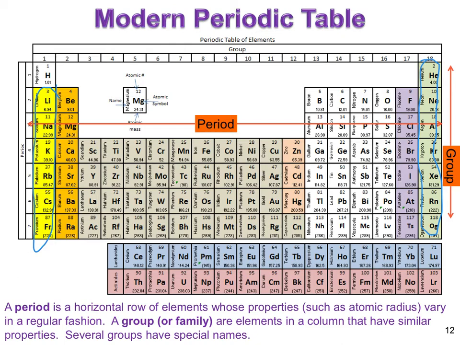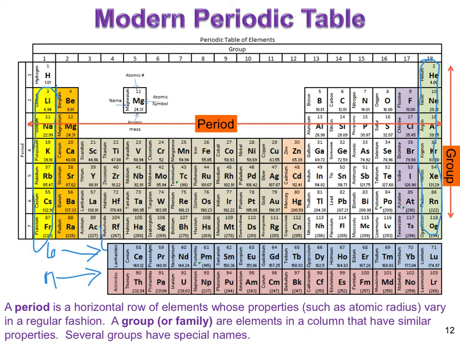However, you must note that these two rows down here at the bottom correspond to excerpts from row 6 or period 6 and row 7 or period 7, and do not have corresponding group numbers. Cerium, for example, is not in group 5.